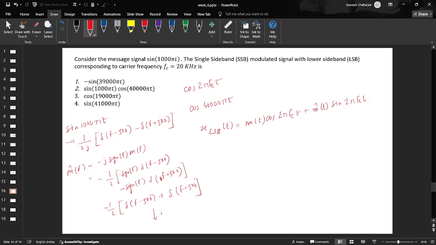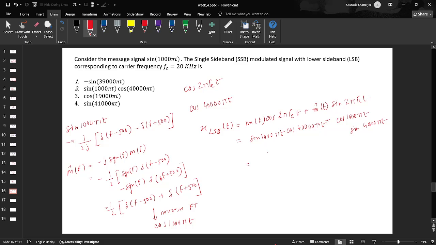If I do the inverse FT of this, what will you get? You will get cos(1000πt). So if I put those values here, m(t) is sin(1000πt)cos(40,000πt) plus cos(1000πt)sin(40,000πt).